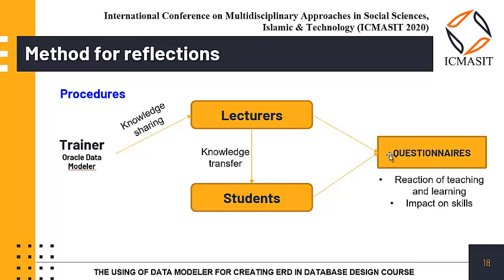Both lecturers and students will be given a questionnaire, a set of only 10 questions, to check the direction of teaching and learning and also the impact on skills after they explore the Oracle Data Modeler.